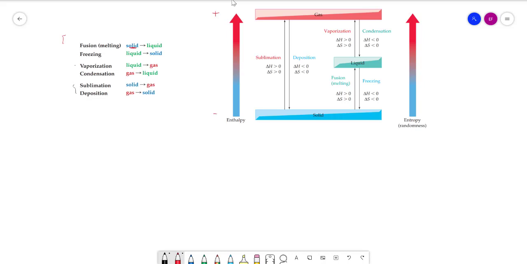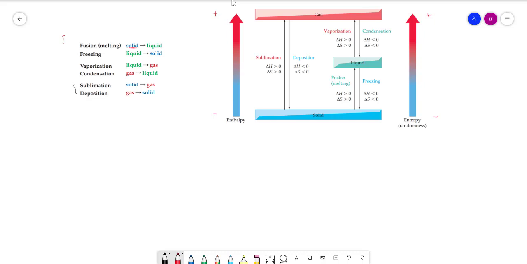And then we have the increase in entropy, or delta S, increasing in the positive direction on the right and decreasing down below. So in the graphical representation, we have the 3 physical states of any substance, and this is going to be true regardless of the substance. It could be water, it could be benzene, it could be ammonia, anything.